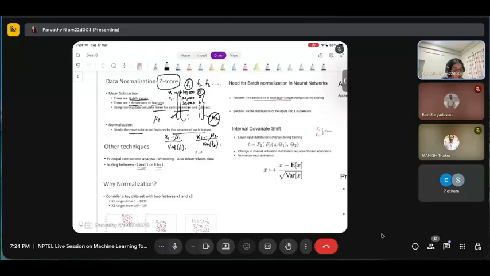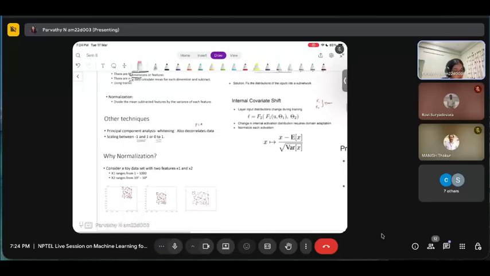Now, there are other ways of doing normalization as well, like principal component analysis. It's not really a normalization thing, but it's a way of scaling your data in a different way, which the professor has mentioned he will explain in further lectures.